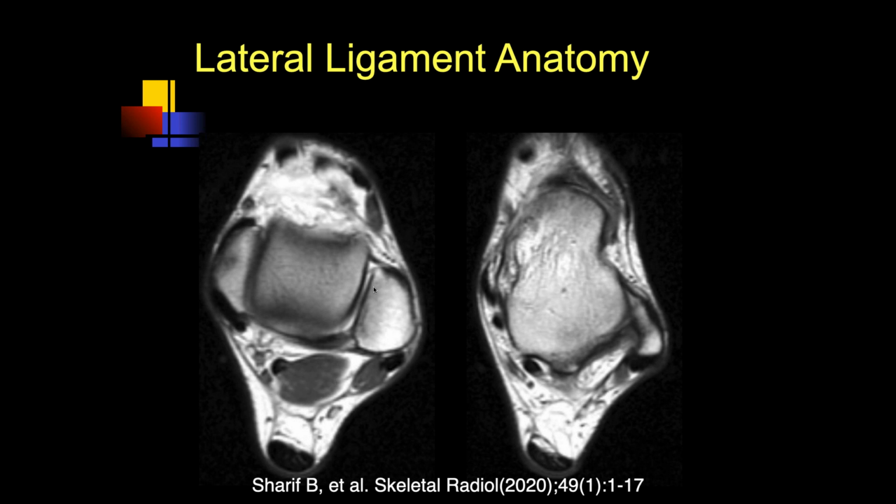When we get up more proximally into the tibia, the syndesmotic ligaments will be between the distal tibia and the fibula. We'll talk about those later as well. More inferiorly, where we have the most common injuries, is the anterior talofibular ligament. And if we keep going farther down back here, there's the Fibulo-Calcaneal ligament, which comes off the tip of the fibula and extends posteriorly and inferiorly to attach to the calcaneus.